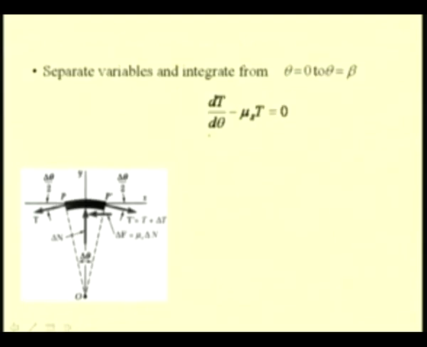So, now we integrate this between the limits, that is 0 to beta, the total angle subtended by this belt. So, we have logarithm to the base e of T2 by T1 equal to mu s beta, or rearranging this, we have T2 by T1 as e power mu s beta.